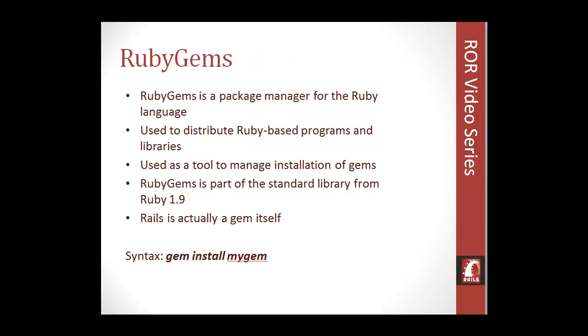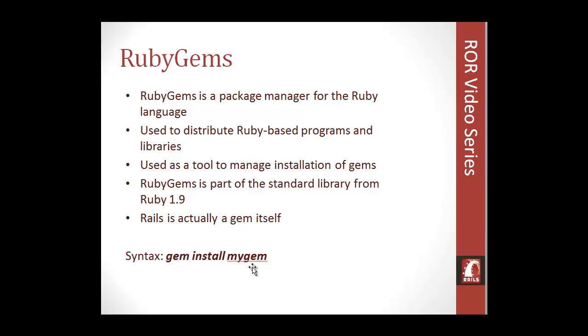Ruby Gems is a package manager for Ruby on Rails. It's basically just little pieces of code that you can plug into your Ruby on Rails site. Rails itself is actually a gem. Once you have Ruby Gems, you can use the syntax gem install whatever the name of the gem.